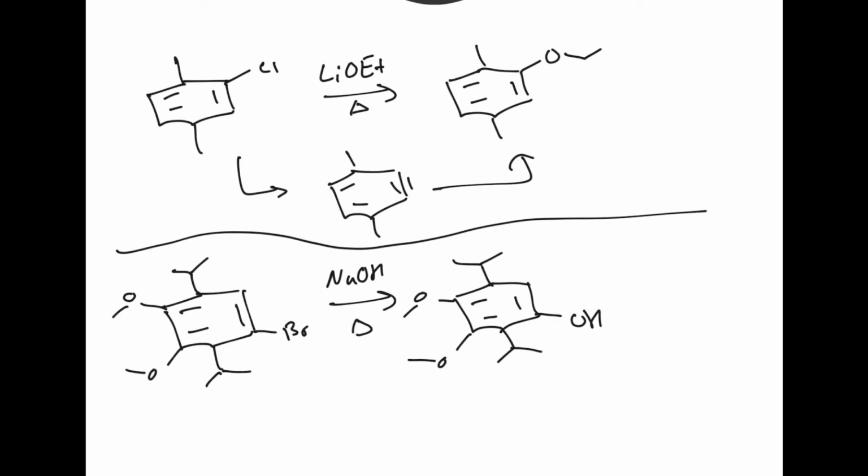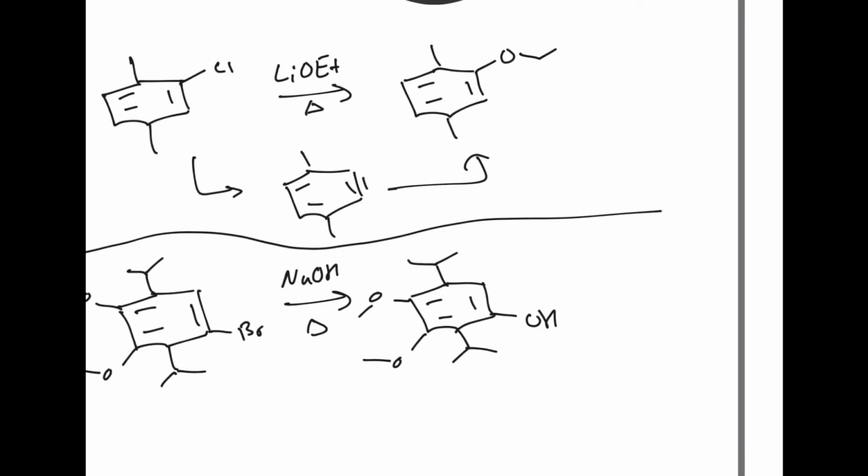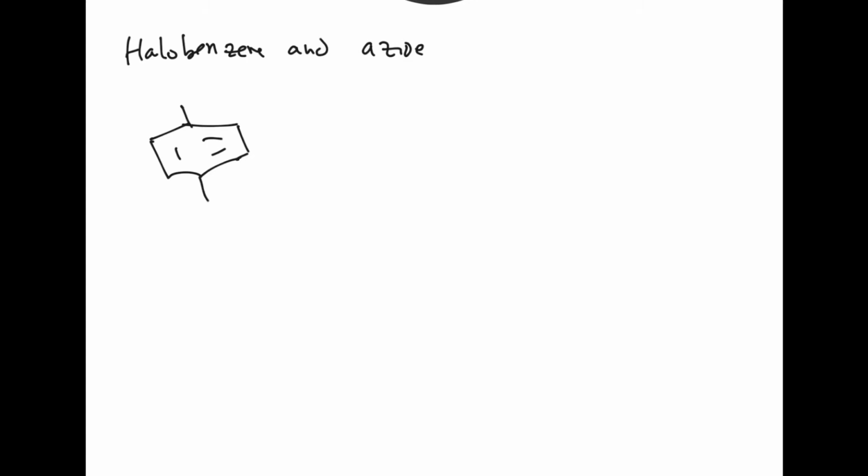So we can add oxygens and make phenols and ethers. We can also do this with amine bases, which is basically the same thing. Right, so halobenzene and azide. So you can, or amide, I don't know. This is the second way, numero dos.